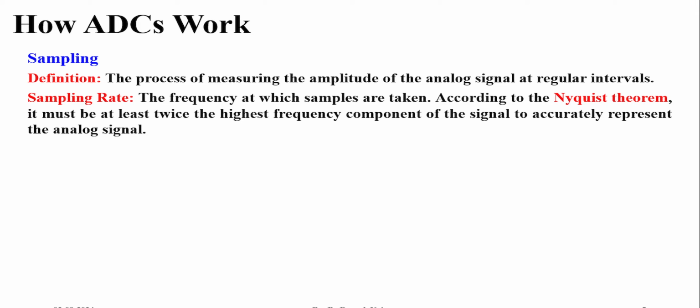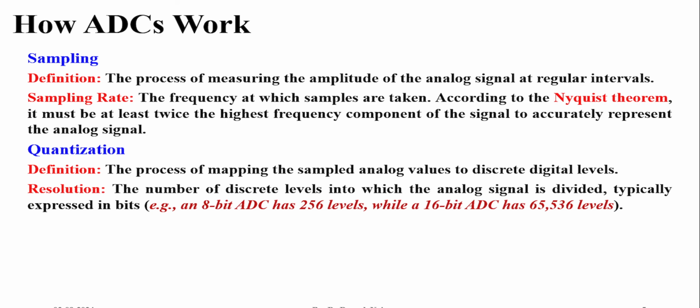And sampling rate is a very important factor. According to the Nyquist theorem, sampling must be done at least twice the highest frequency component. So whichever analog signal you are going to process, take the highest frequency of that analog signal, and we must take at least two samples per cycle of the highest possible frequency.